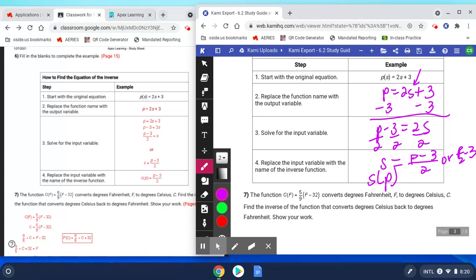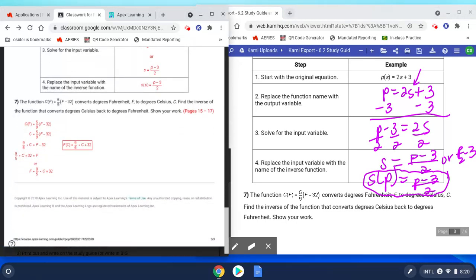Again, a difference in perspective. P of S is now S of P, and that's equal to P minus 3 over 2. So this use of different letters instead of X and F of X, I want us to realize that this can happen. We can have different input and output variables besides an X and a Y, or an X and an F of X.